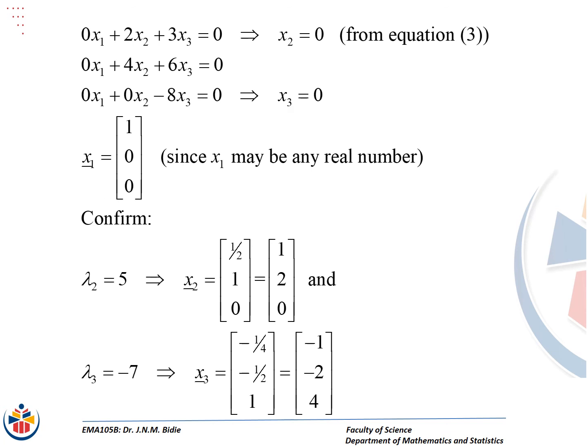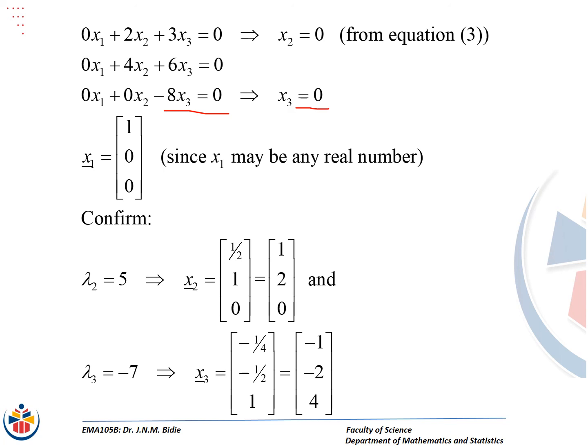Those are the three equations that we got. Note that the last equation had just negative 8x3 equal to 0. And then it gave me x3 equal to 0. Note also that I wrote 0x1, 0x1, 0x1, 0x2. You will see why.